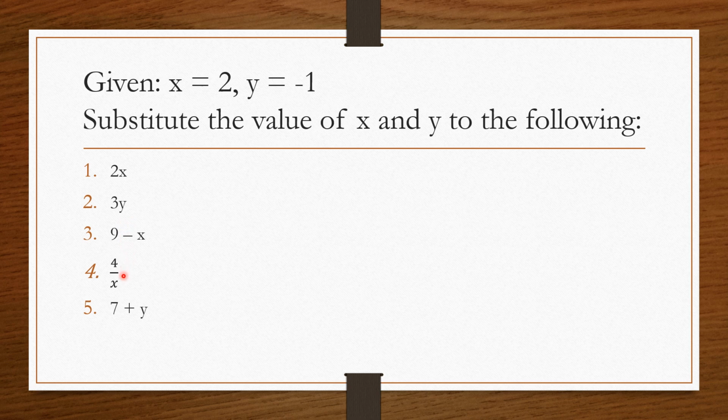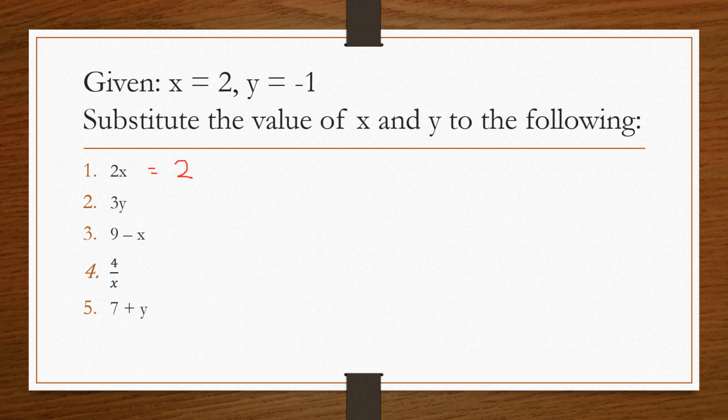Now, from this one, no? So, given x is equals to 2, then y is equals to negative 4. So, what are we going to do? Substitute the value of x and y to the following. So, for example, 2x. So, substitute natin yung value ng x.